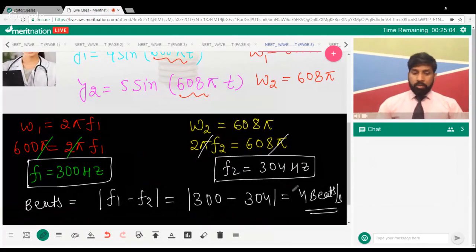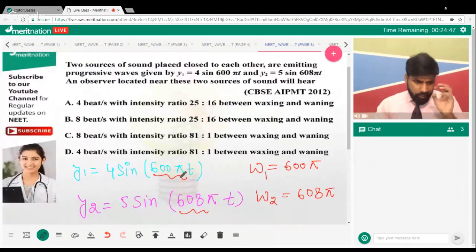The number of beats is 4. That is the difference of frequency. 300 minus 304 gives a negative, but we are using mod, so we need only the positive magnitude, and we get 4. So 4 beats per second. I can see that only the first and last options have 4.